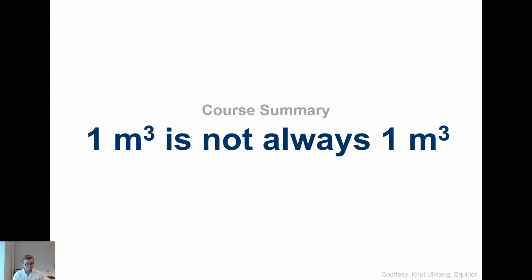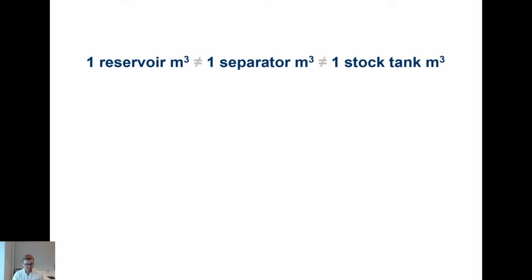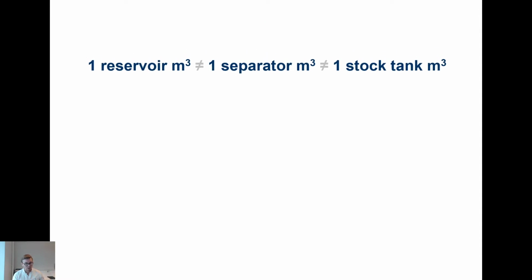But probably more importantly for the business we're in, the value is also different. So if we just look at this very, very simple example of a reservoir cubic meter is not equal to a separator cubic meter, it's not equal to a stock tank cubic meter.